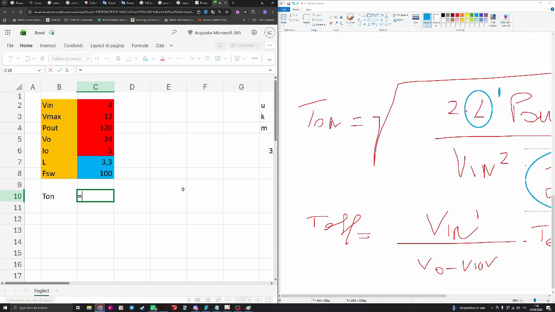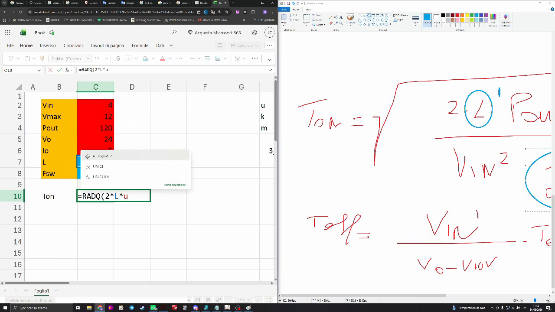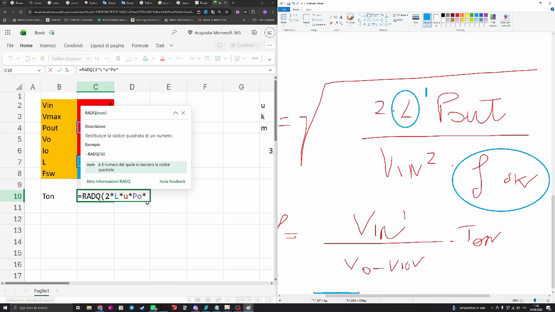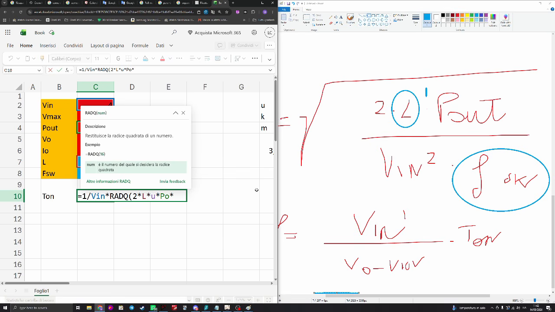So T on is equal to the square root, which is radicu in Italian or SQRT in English, of 2 times L times U. You see, it's very easy to write it, times PO times 1 over V in times the square root, times PO, which is easier, over the switching frequency.